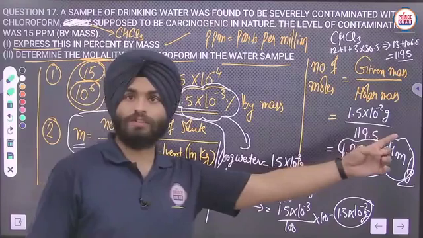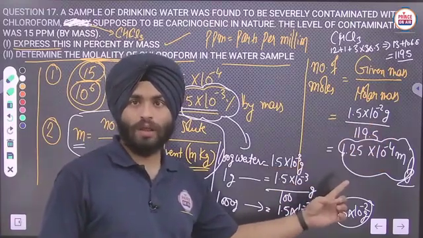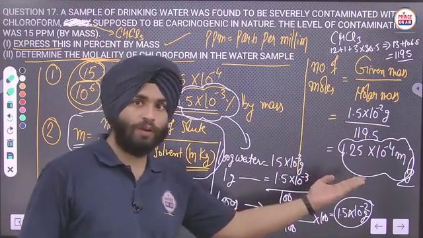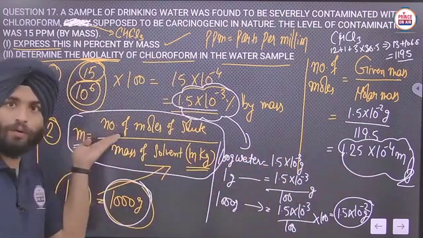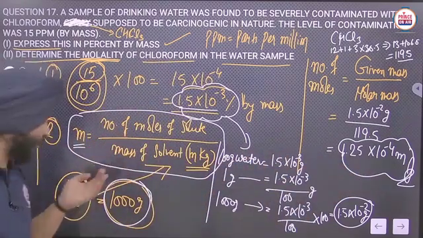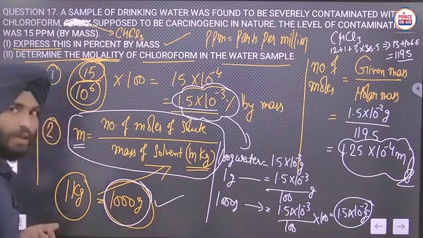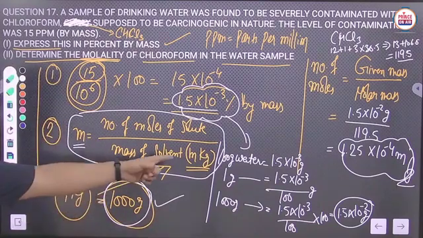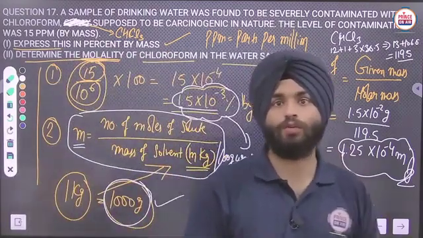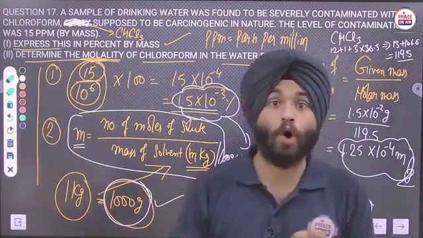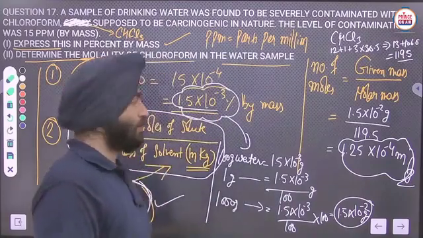If you put the number of moles here, and the mass of solvent is 1000 gram or 1 kilogram, the answer will be equal to 1.25 into 10 raised power minus 4 molar.